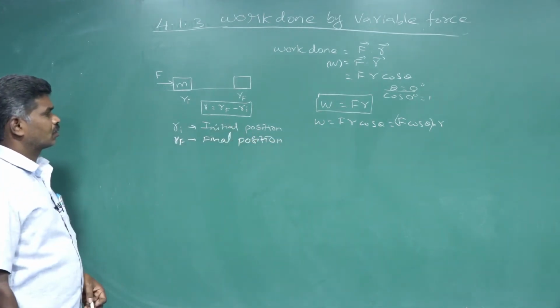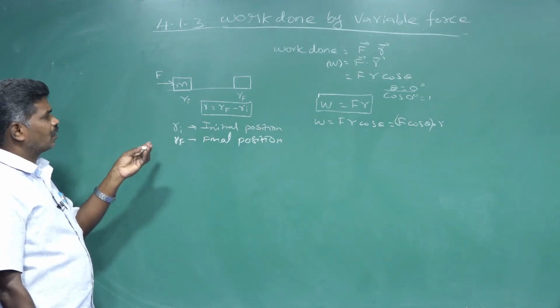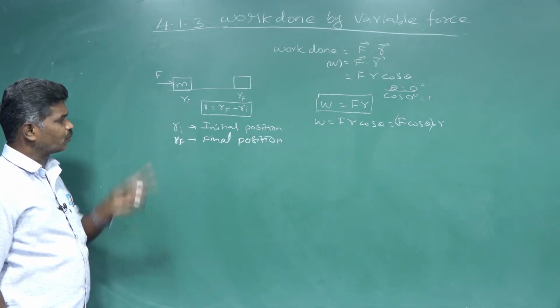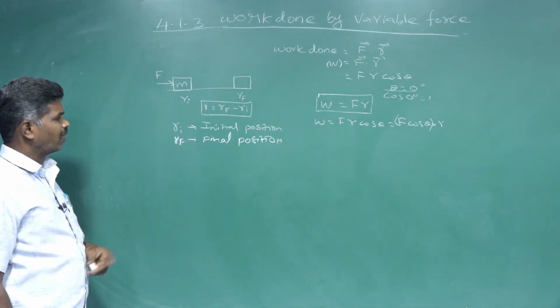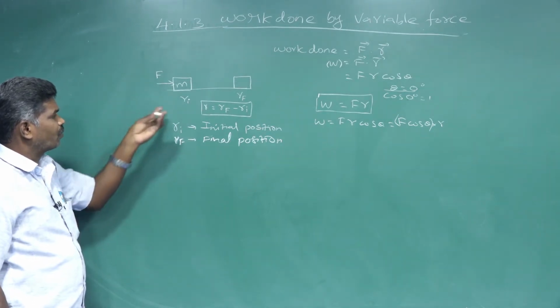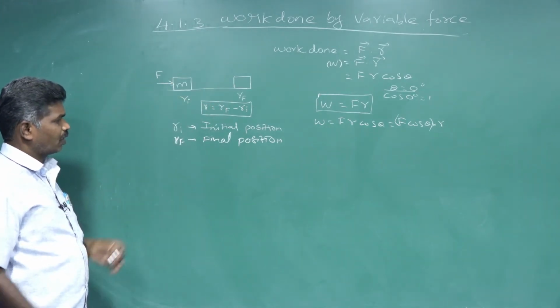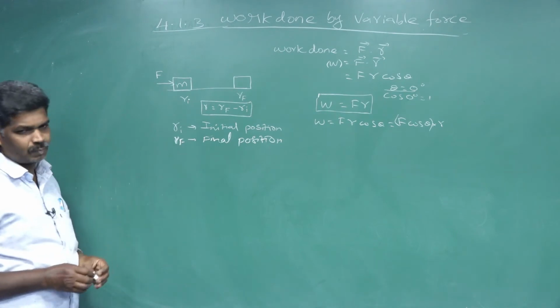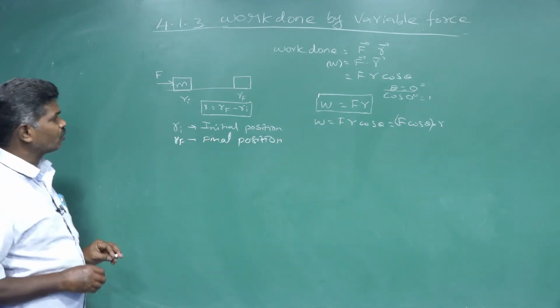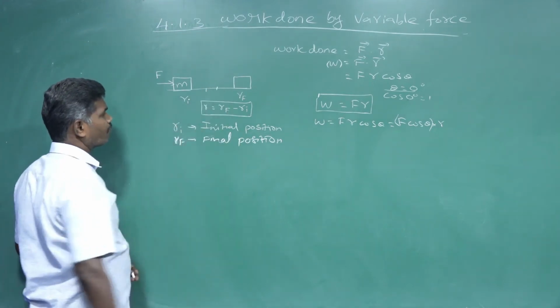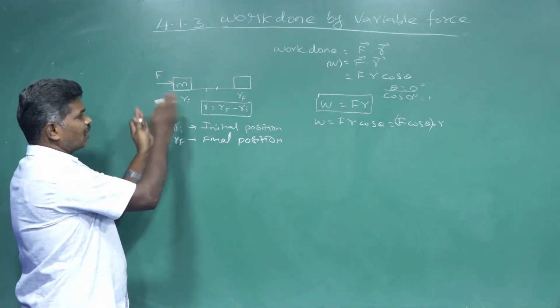If you apply a variable force, that force does work to move an object from initial position to final position. For finding the total work done, we are going to take a small interval distance between the initial and final position.